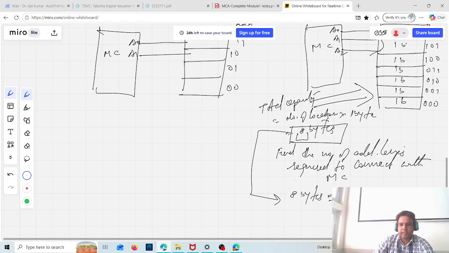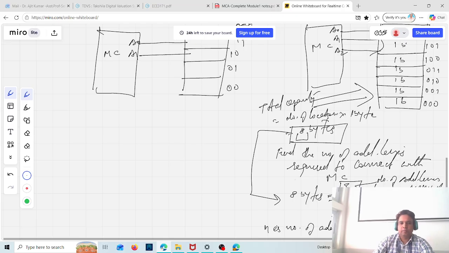Can I write it as 2 power 3, 2 power 3 bytes? This suffix, which comes as the power, is actually the number of address lines required. So remember, you have to find 2 power n, where n is the number of address lines.